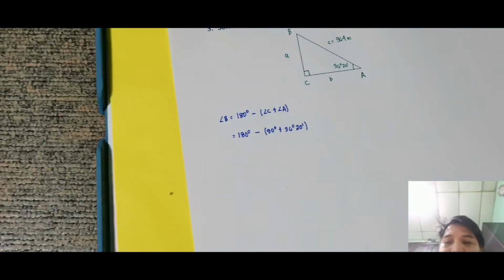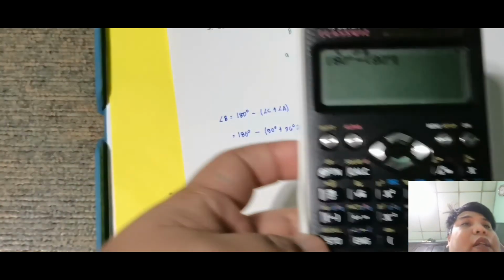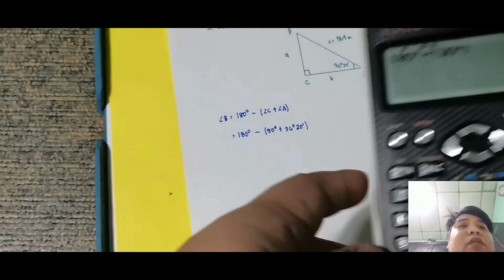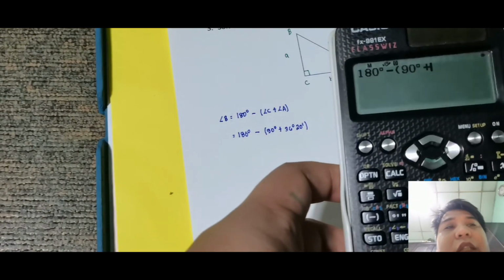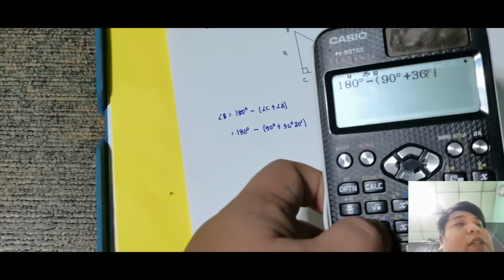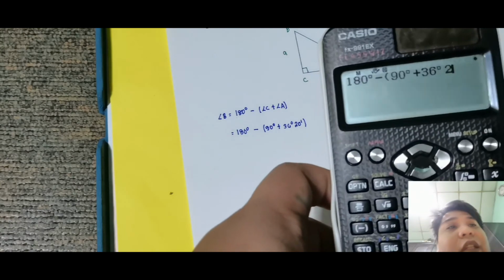Sa calcu, that is 180 degrees minus the quantity 90 degrees plus 36 degrees, then 20 minutes.